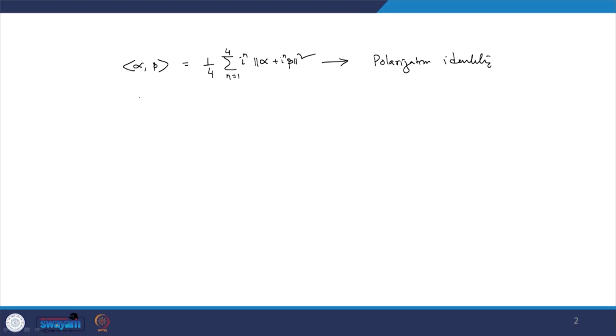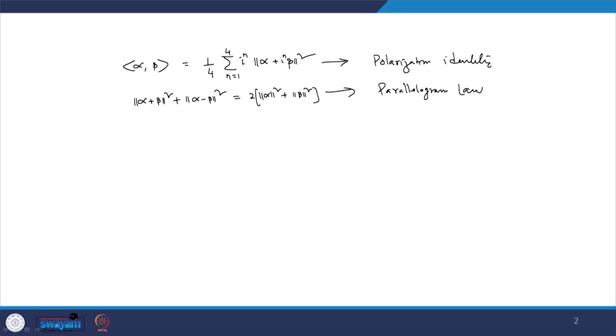And we have also seen that when the norm is induced through this inner product, then norm of alpha plus beta the whole square plus norm of alpha minus beta the whole square is equal to 2 times norm of alpha square plus 2 times norm of beta square. This is called the parallelogram law.